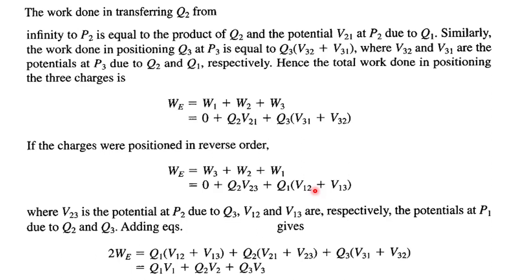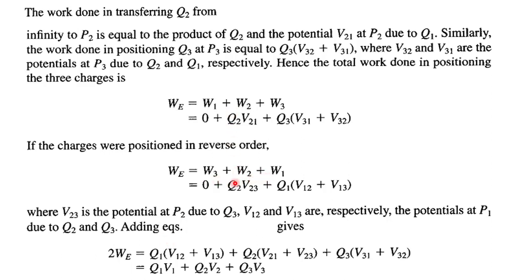So these potentials are calculated. So potential multiplied by the charge is work done. So we get the forward work done as W1 plus W2 plus W3, and the reverse work done as W3 plus W2 plus W1.